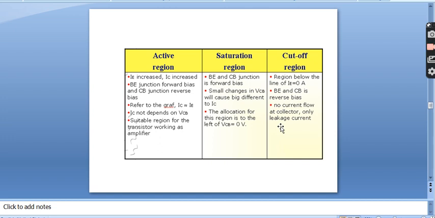The allocation for this region is to the left of VCB equal to 0. That is the left of VCB equal to 0, which will be called the saturation region. In this saturation region, the input junction and output junction are both connected in forward bias.